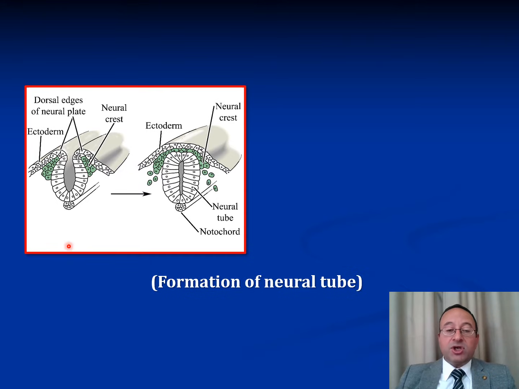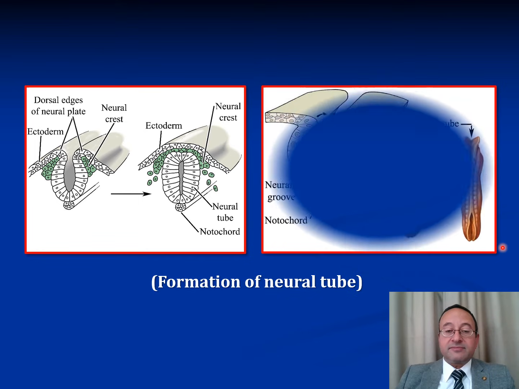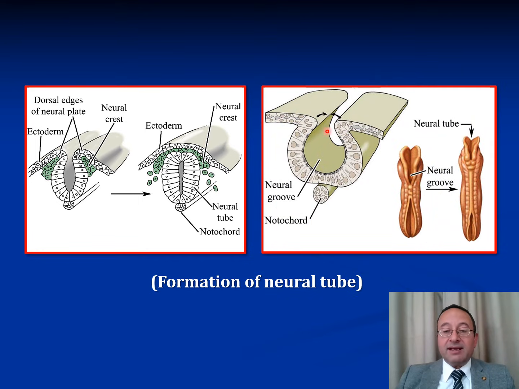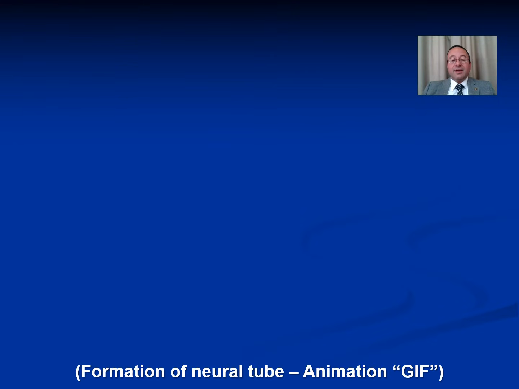There's another diagram showing the formation of the neural groove, neural tube, and neural crest cells. The same idea with closure of the neural groove to form the neural tube. This is a very nice animation showing how the neural groove is formed and how it proceeds to form the neural tube and how the neural crests are formed.